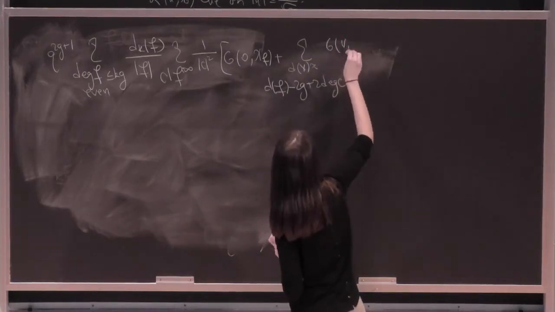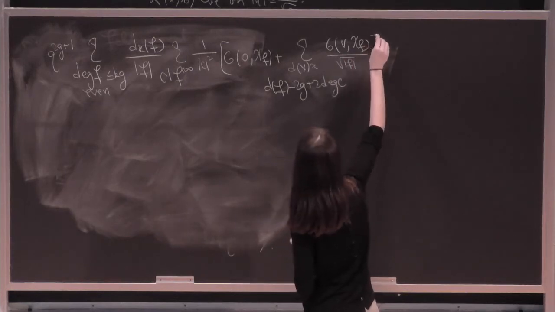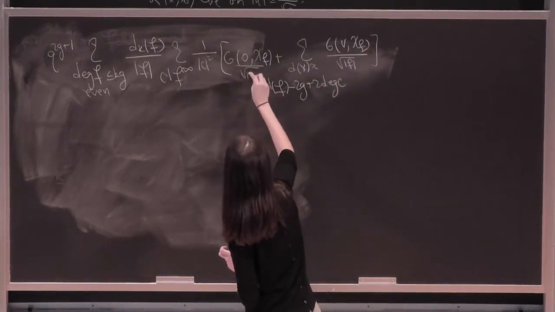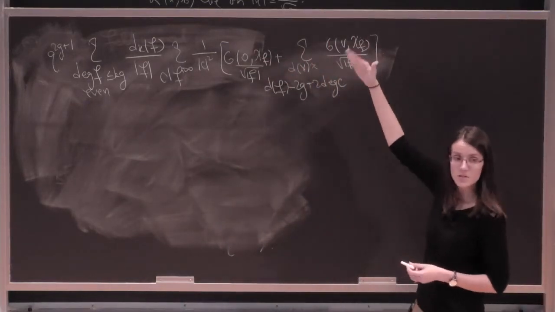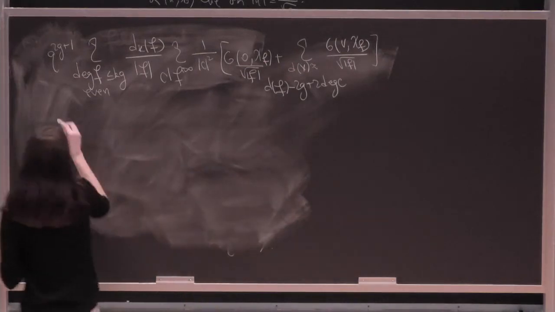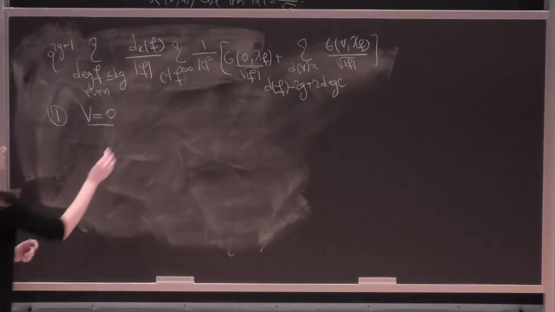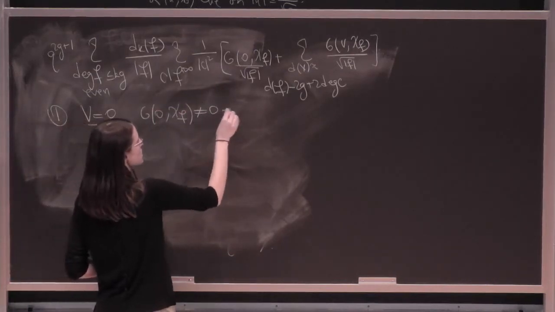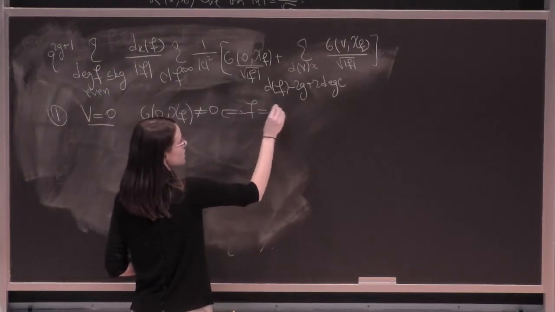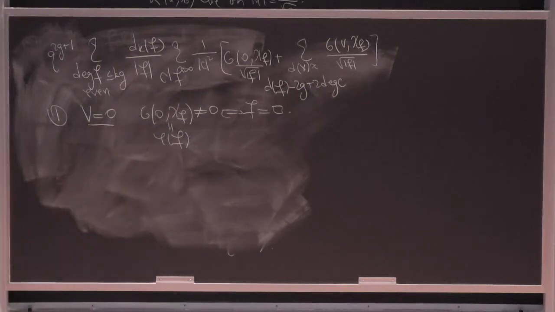Roughly this. So of course I need to consider v = 0 and v non-zero separately. If v is 0, then this will be a main term. From my knowledge of Gauss sums, I know that G(0, chi_f) is not 0 if and only if f is a square. And in this case, G(0, chi_f) is just phi of f. So this should be pretty simple to evaluate.